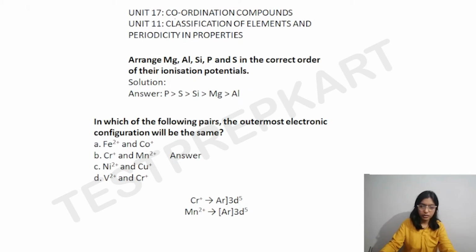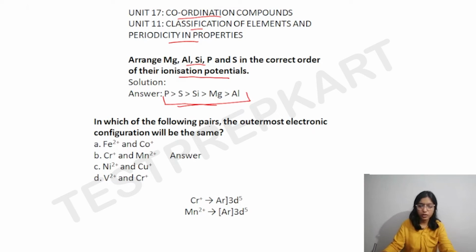Next, classification of elements and periodicity and properties. In the periodic table, we have all the trends in groups and periods. So understand the concept and practice those questions. For example, arrange the following in the correct order of ionization potential. If you know the trend in ionization potential, you can easily solve this question.